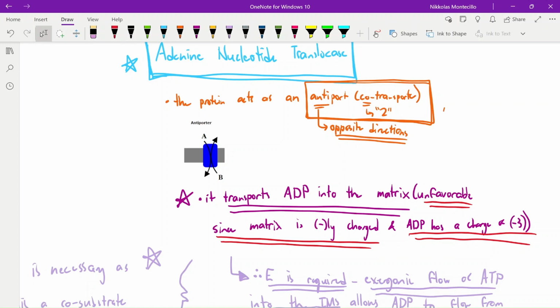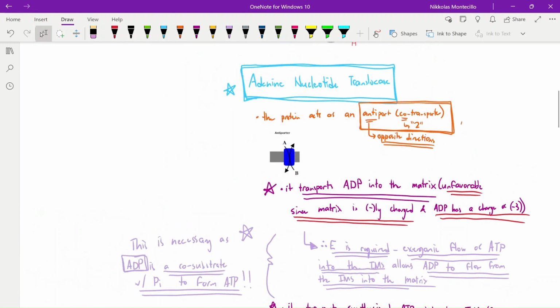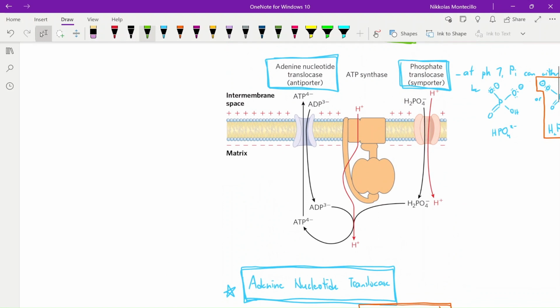Therefore, energy is required, and therefore we rely on the flow of ATP into the IMS, which allows ADP to flow from the IMS into the matrix. So we see here that ATP is flowing into the IMS, which is favorable because the IMS is hugely positive, right? IMS hugely positive.